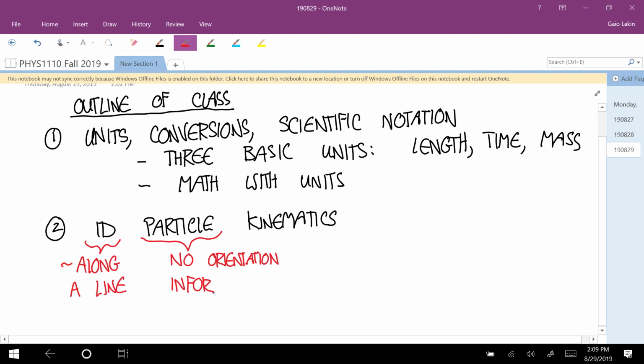And actually, when people do planetary motion calculations, most of the time they treat planets as particles, not because planets are small, but because they're not trying to figure out whether this mountain is facing this planet or that planet. They're just trying to figure out where the centers are. And so you can throw out all that information and simplify the calculation.